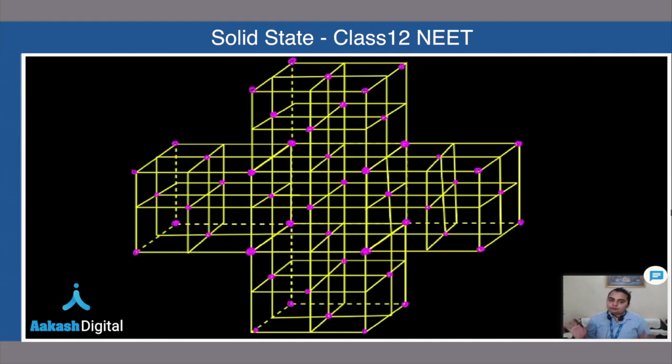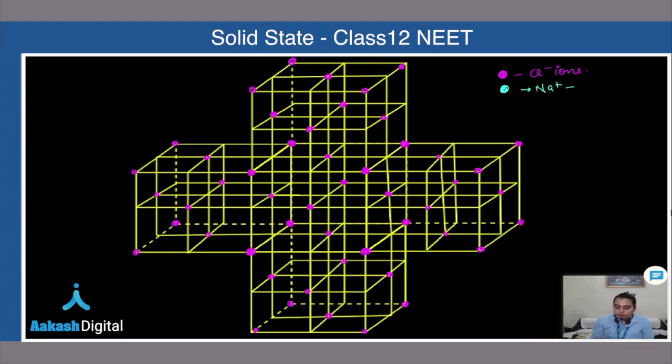Yes, everyone, you can see it. These pink ones are my Cl negative ions. Now let me see where my Na ions will come if I show them by blue color. These are my Na positive ions.